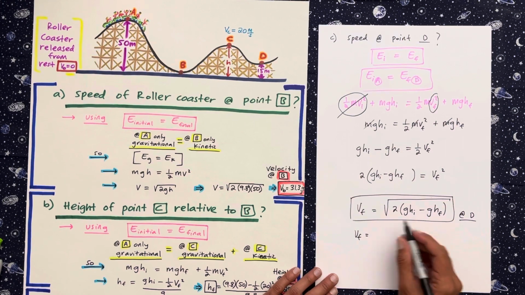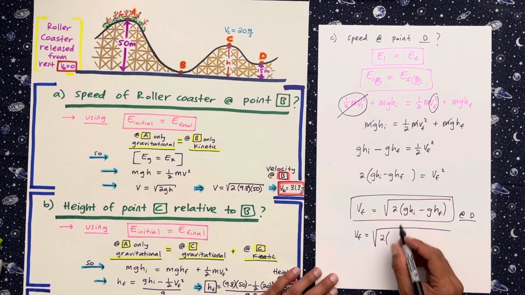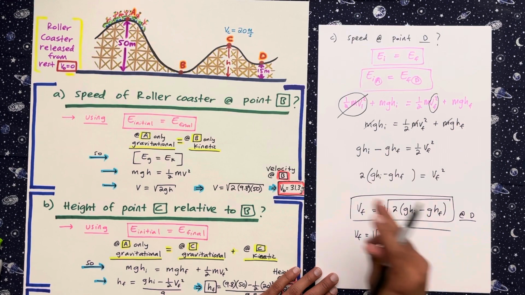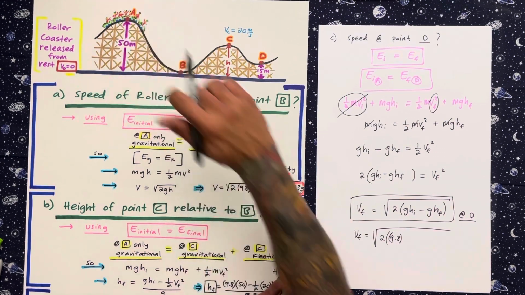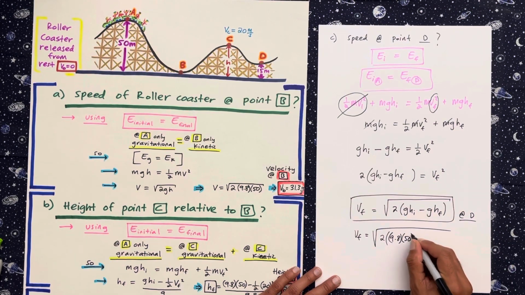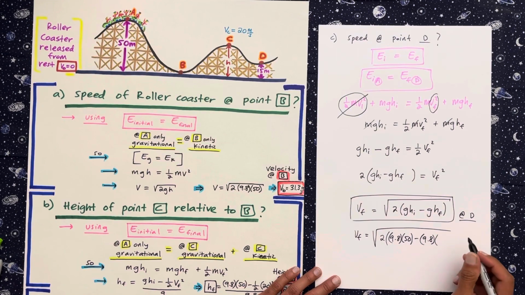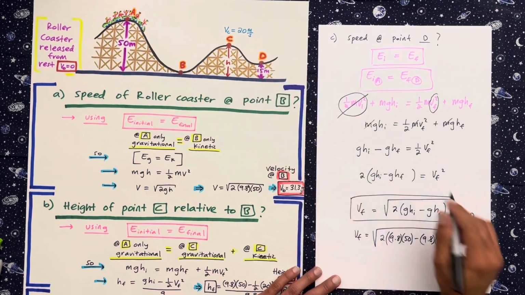Velocity final is equal to the square root of 2, we know gravity, it's 9.8, times the height initial of the initial energy, so don't forget that, which is gonna be 50, minus 9.8 for gravity, times height final, which is the point of interest, D, where the height is 15.